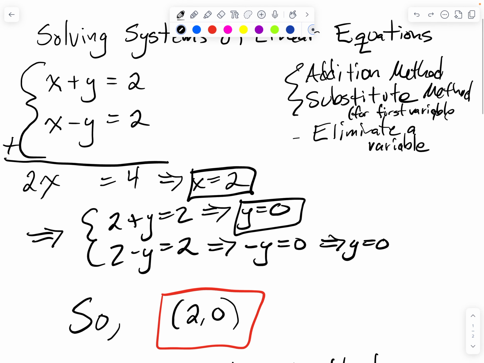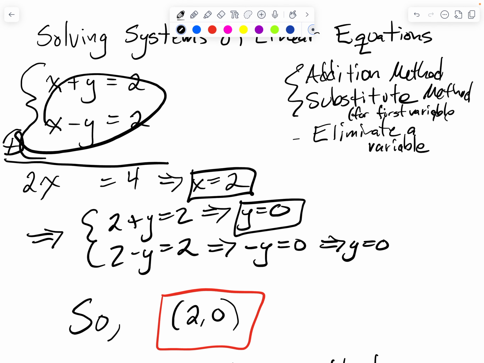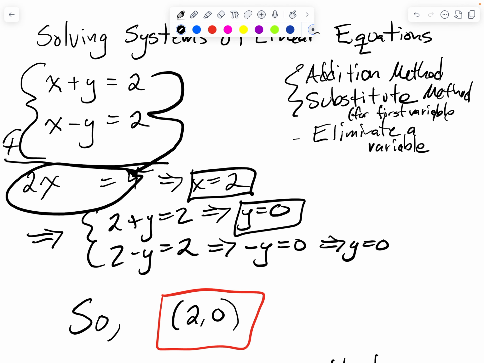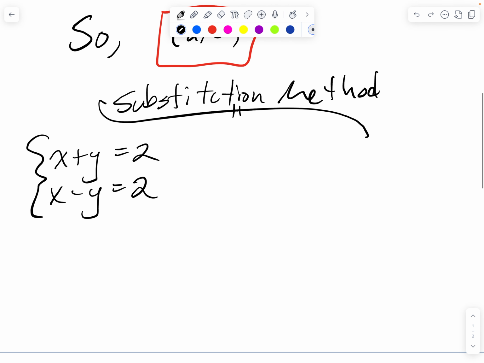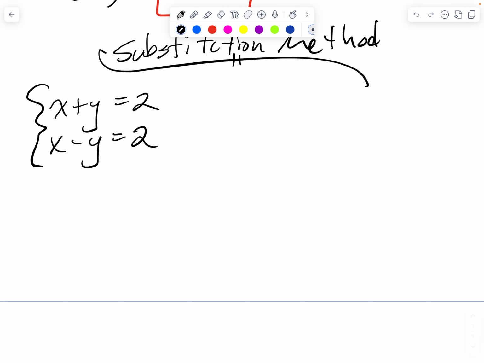Just like we did here. We added them. That got a new equation that was a combination of those two. Because there's information here, information here. We took some of the information here and here, put them together to make a new equation by adding. But this time, we're not going to do that. We're going to substitute. This is a relationship between x and y, and this is a relationship between x and y.